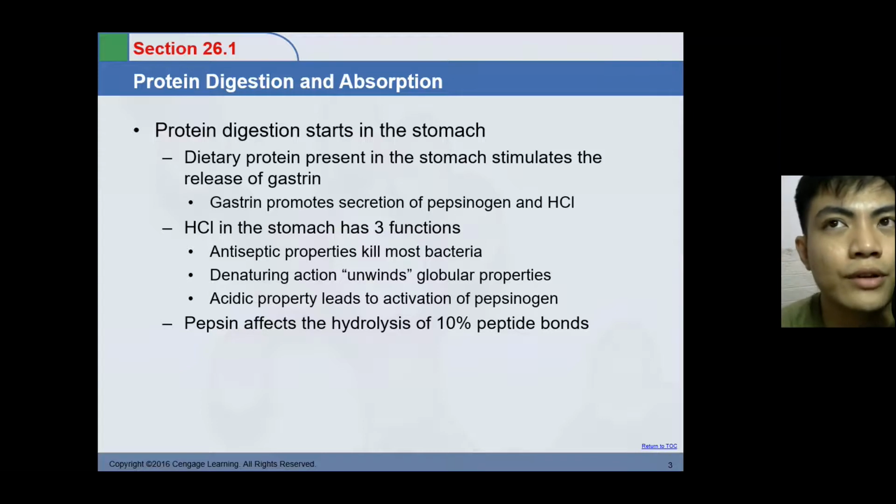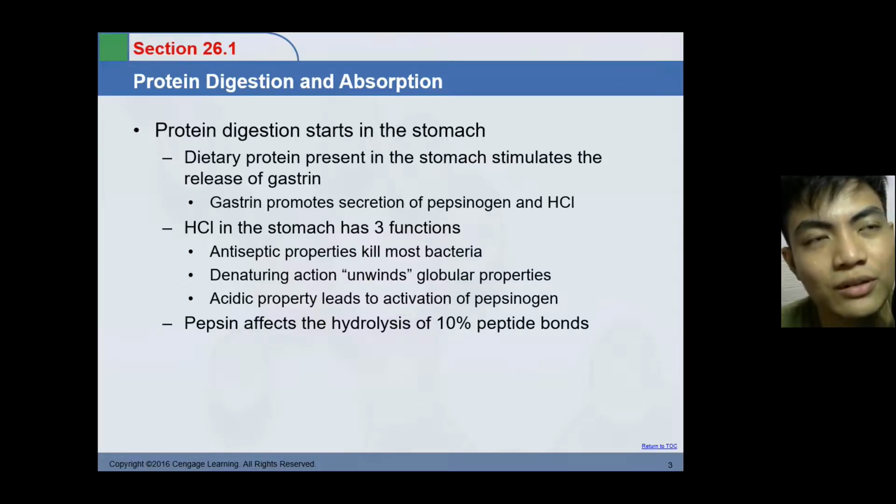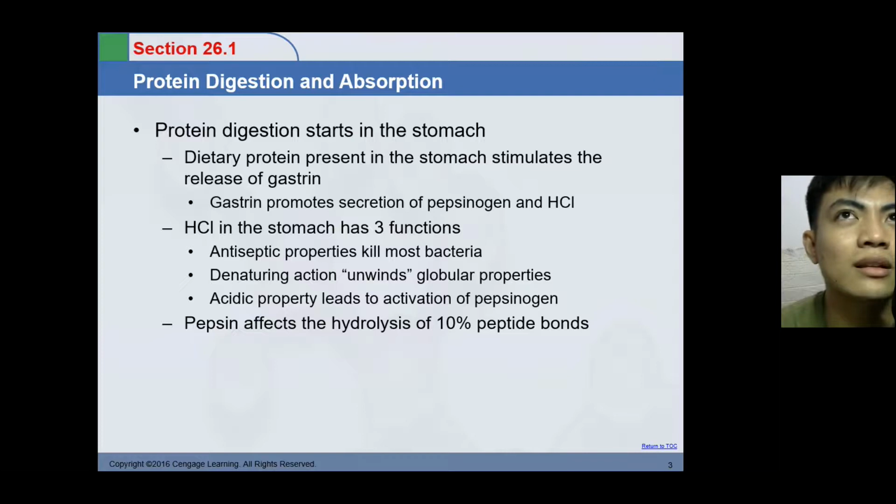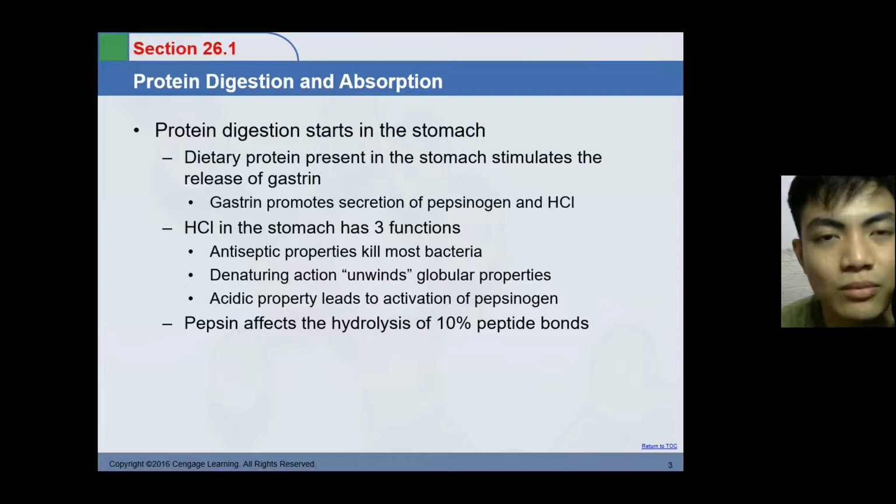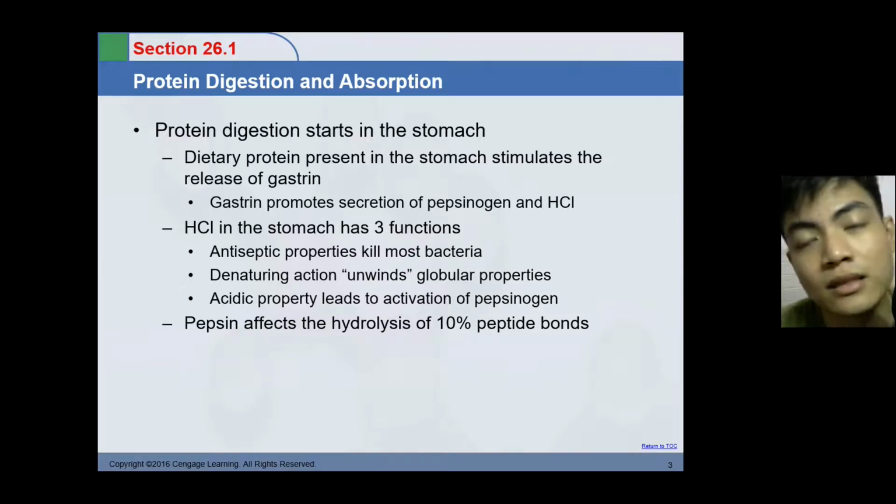Unlike our lipids and carbohydrates, the digestion of protein starts in the stomach. Hindi siya nag-start sa bibig, although, syempre, nginunguya mo yon, pero yung start ng digestion process sa stomach talaga. Bakit kaya? Because in our stomach, it contains enzymes such as gastrin.